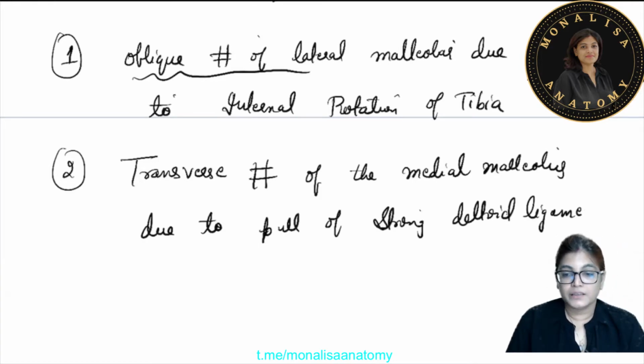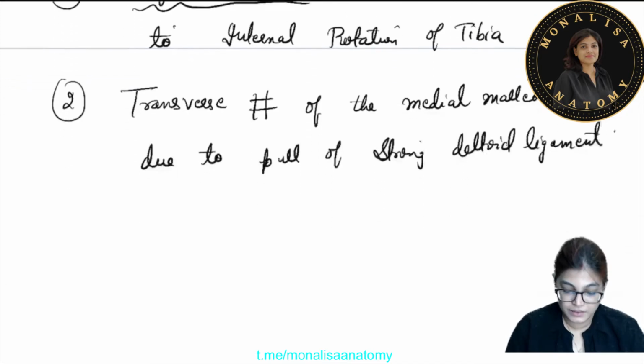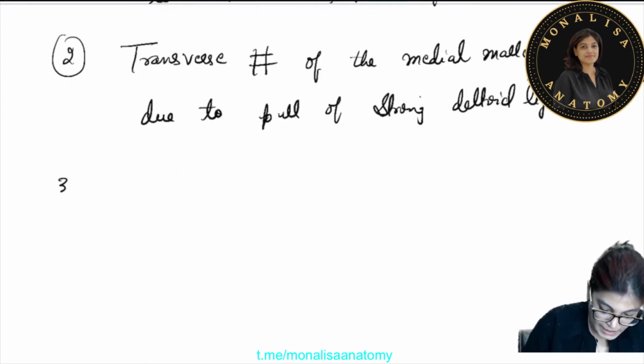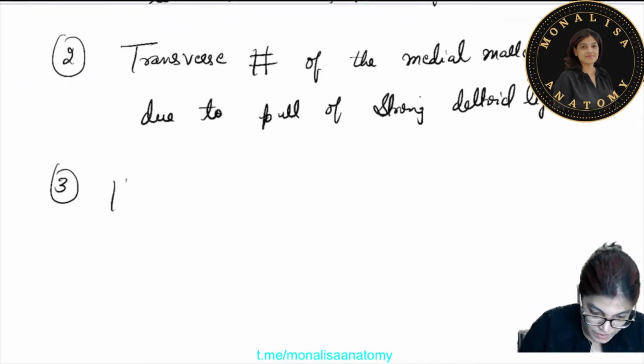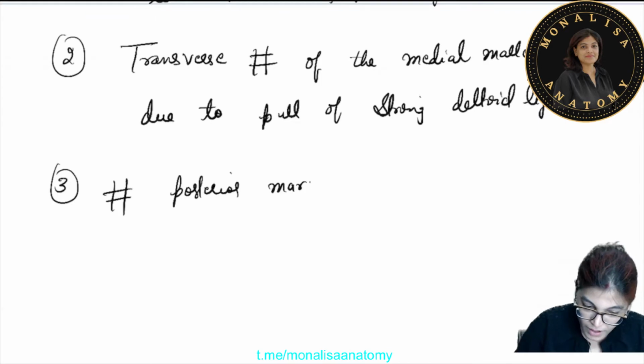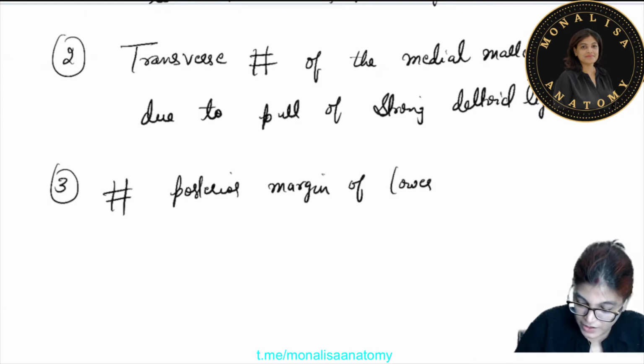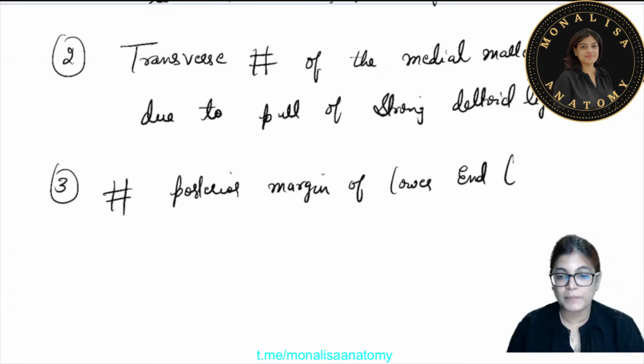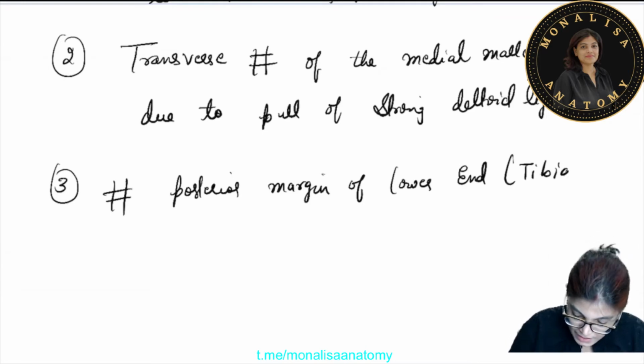Okay. Now coming to the third degree. So the third degree is fracture of the posterior margin of lower end of tibia. So there is fracture of lower end of tibia, that is forming the third malleolus.